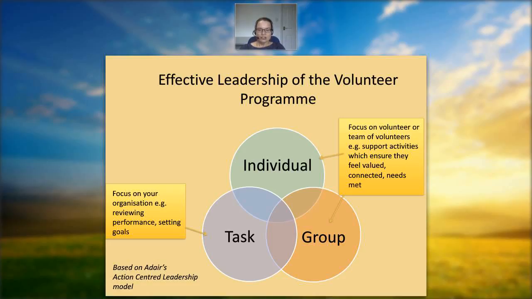We will touch on this again, because a lot of volunteer managers say, we're not so sure about reviewing performance and setting goals. That doesn't really fit with volunteers, and maybe it doesn't sit there in a formalised process for your organisation. It still needs to happen in some kind of way, because you are interested in the task being done well.